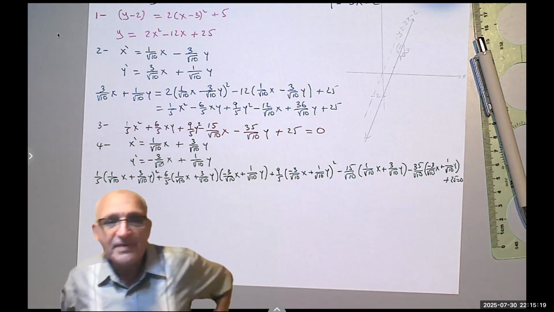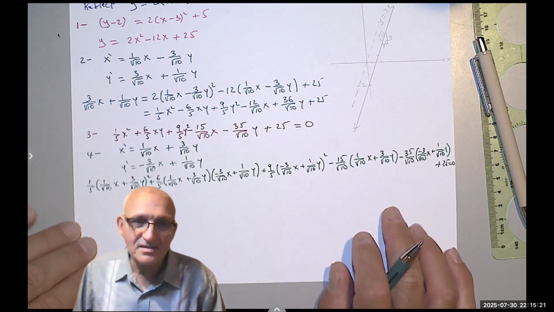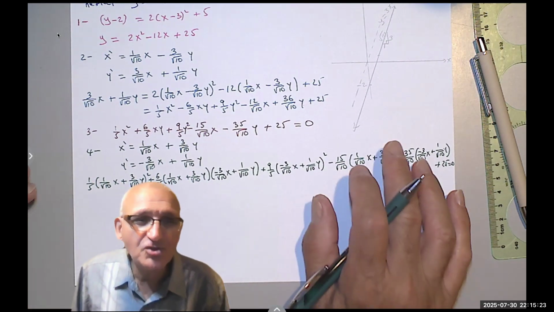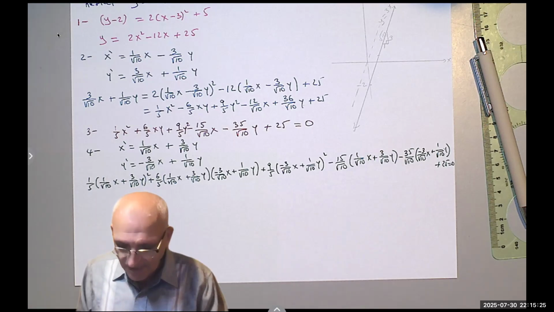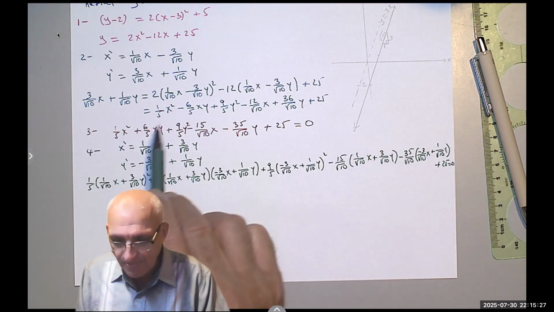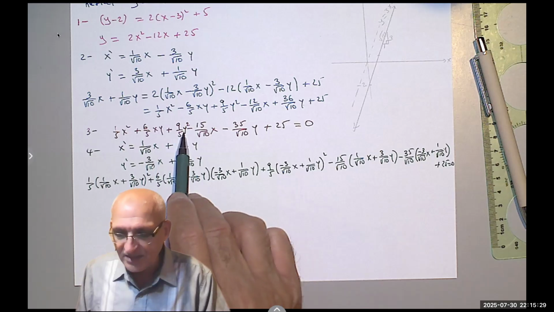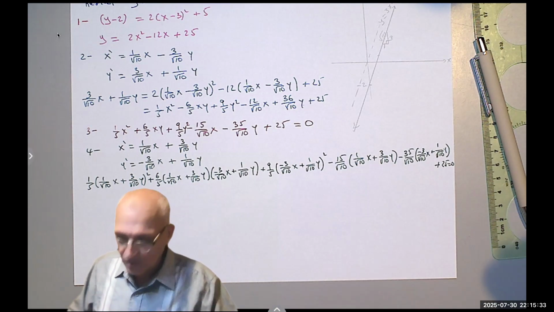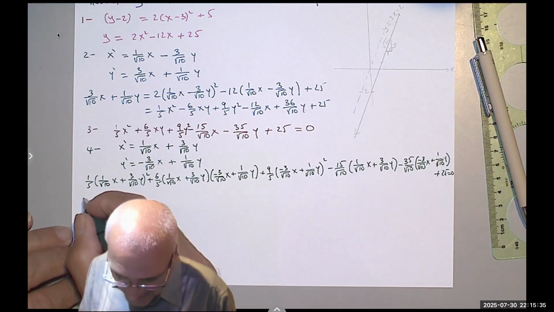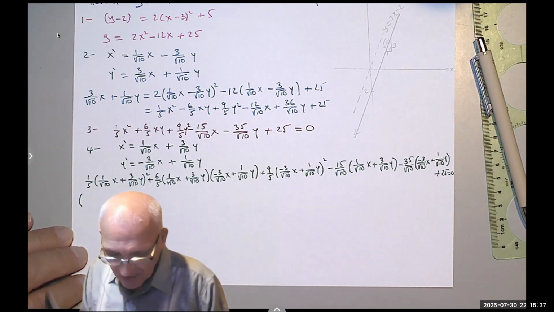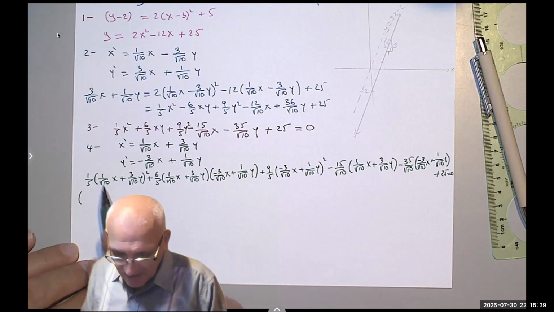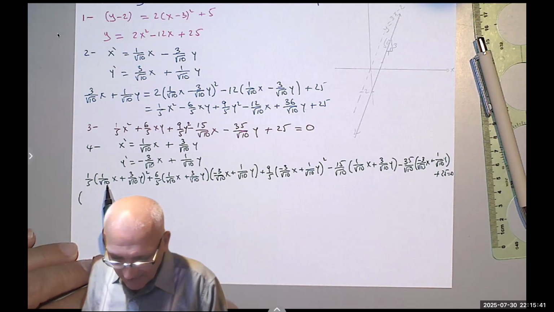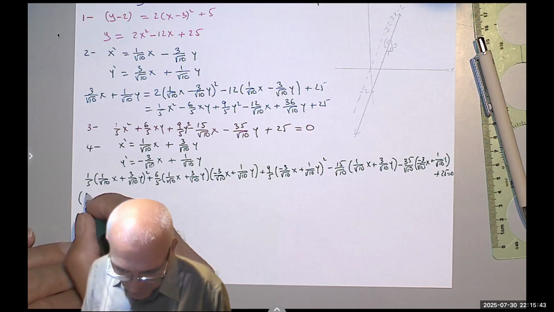And then we will expand. Some would say, oh my God, this is too much. Yeah, but we are going to do it in an easier way. I know there is a term in x squared, a term in xy, a term in y squared, x, y, and a constant, like a generic conic section. So let's take the x squared coefficients first. This guy is squared, so it's 1/10 times 1/5 is 1 over 50.